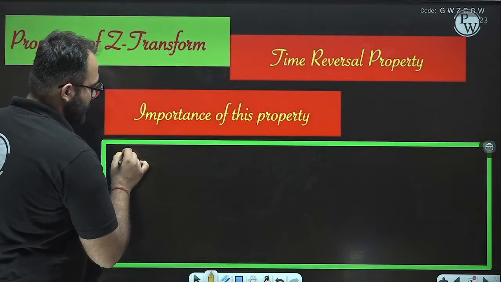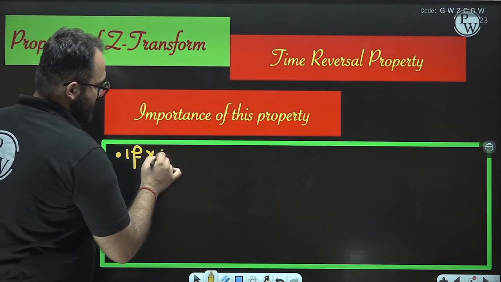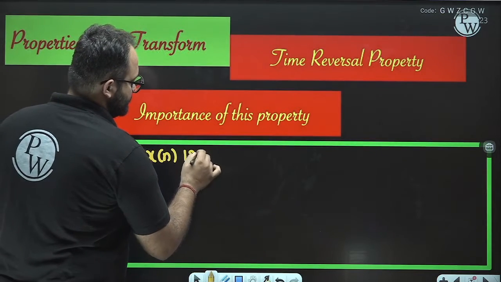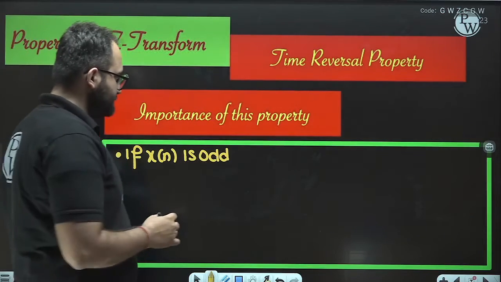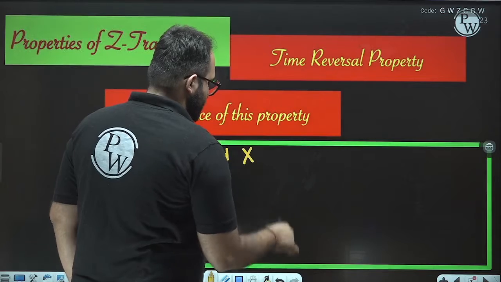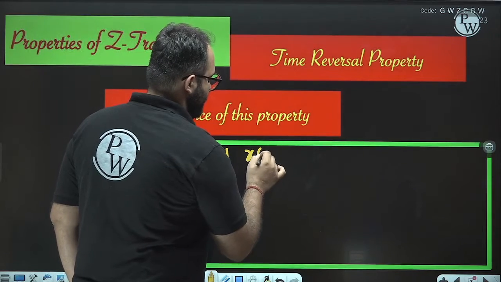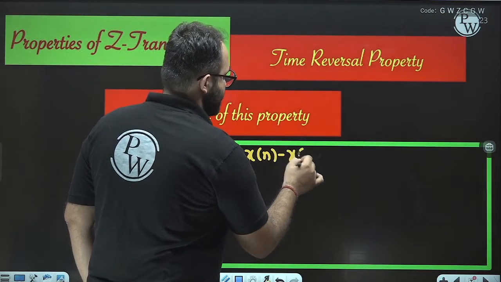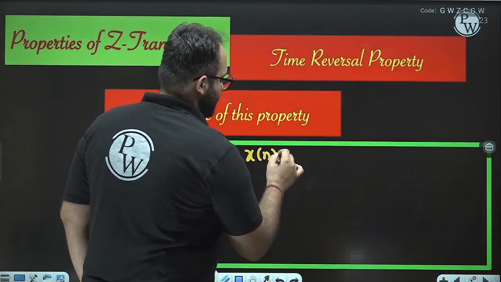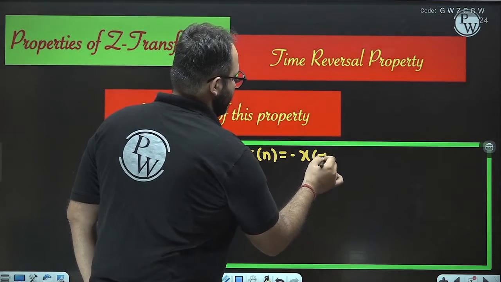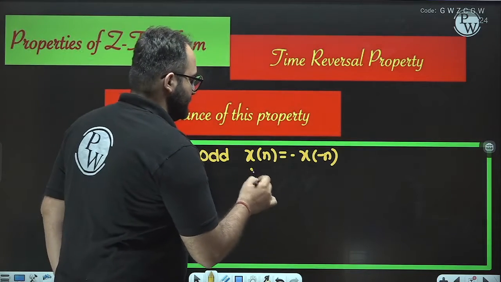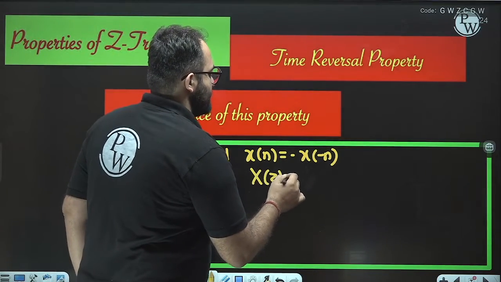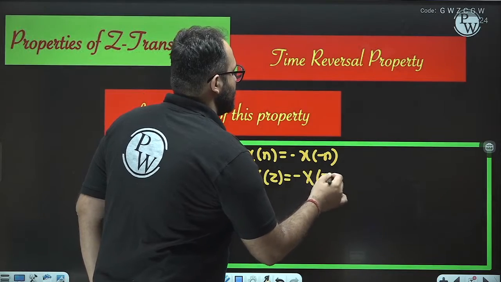If x[n] is an odd signal, then x[n] equals minus x[minus n], so X(z) equals minus X(z inverse).